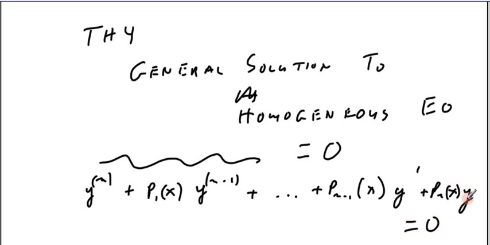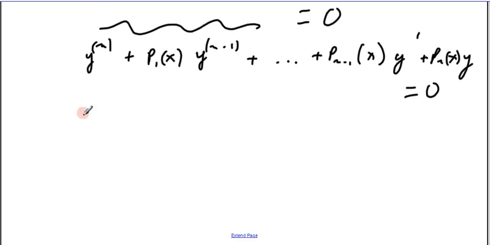If I have my function y and all the derivatives of y added together and I'm equal to 0, then my equation is homogeneous. And there is going to be a solution for this homogeneous equation on an open interval.